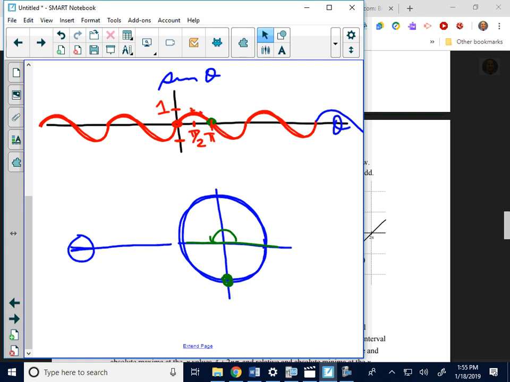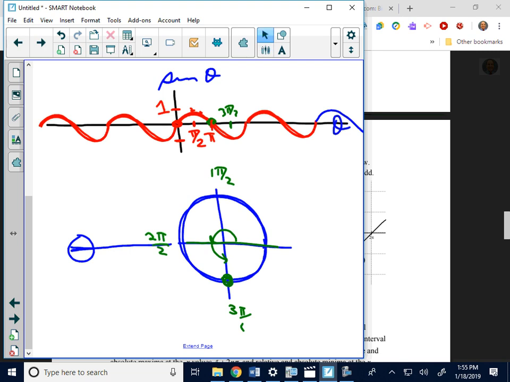What's the angle as it goes all the way around? How much? 270 degrees. Do it in radians. Say again. 3 pi over 2, right? Because this was 1 pi over 2 up here. This was 2 pi's over 2, or 1 pi. This is 3 pi's over 2. By the way, that's this tick mark right here. 3 pi's over 2.